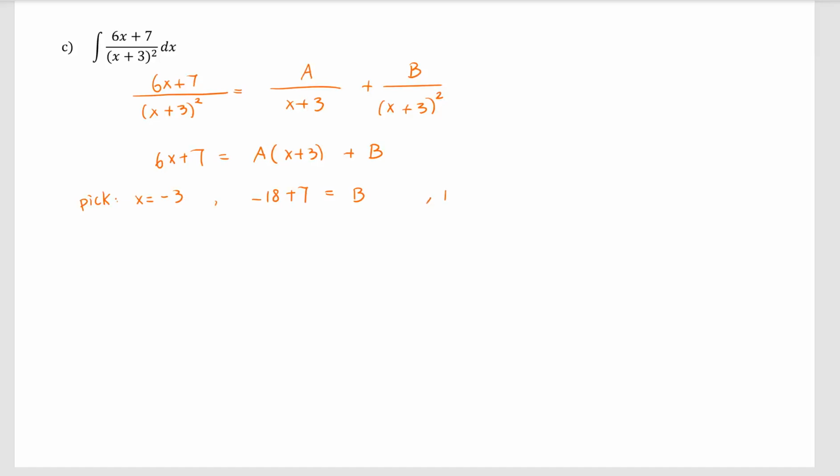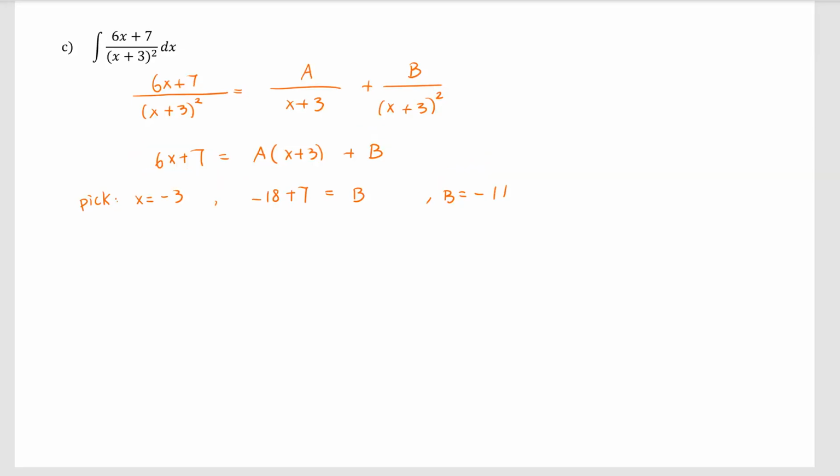Oh, so b equals -11. So far, so good. Okay, what are the other x values? There's only one kind of linear factor, so we don't have a second type of linear factor. You can plug in any x values, and it's okay. Actually, you don't need to. This equation is true for all x.